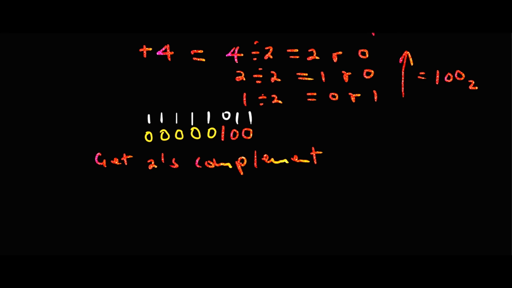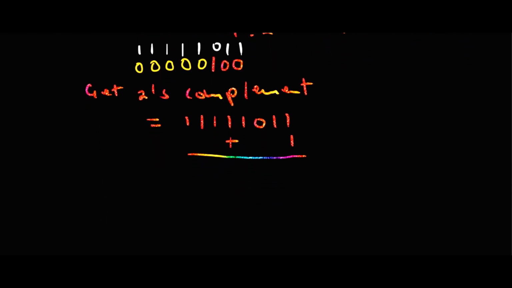The 1's complement just involves the inversion of the bits. If you have a 0, you write 1. If you have 1, you write a 0. Then you add 1 to that so that you're able to get the 2's complement.